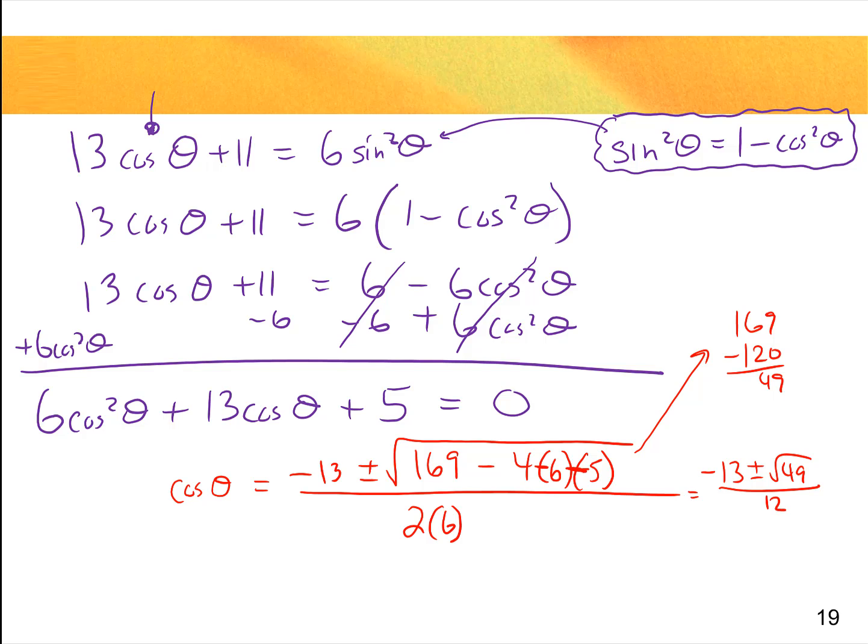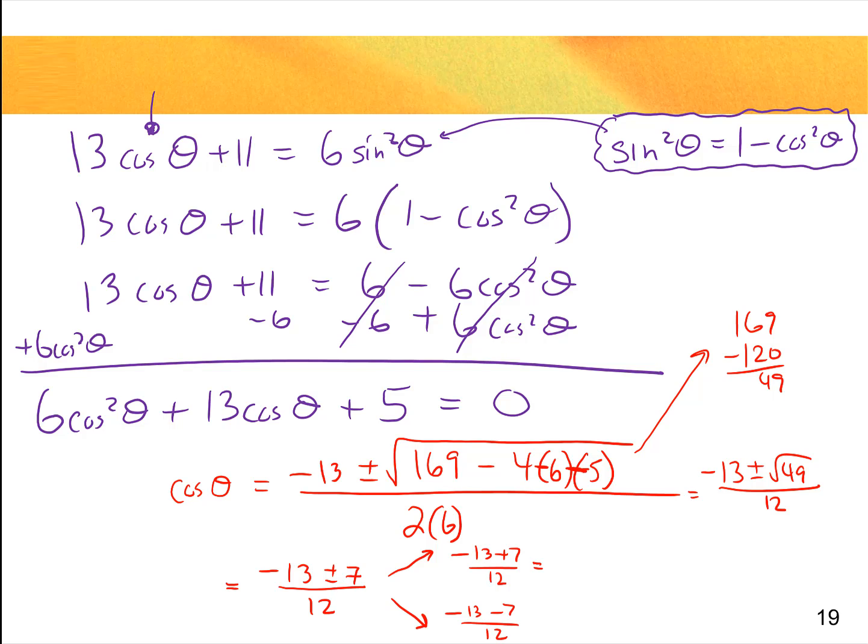Let's keep on going. This is negative 13 plus or minus 7, because that's the square root of 49, over 12. So I have two different problems. I got negative 13 plus 7 divided by 12, and I have negative 13 minus 7 divided by 12. So let's go with each of those.